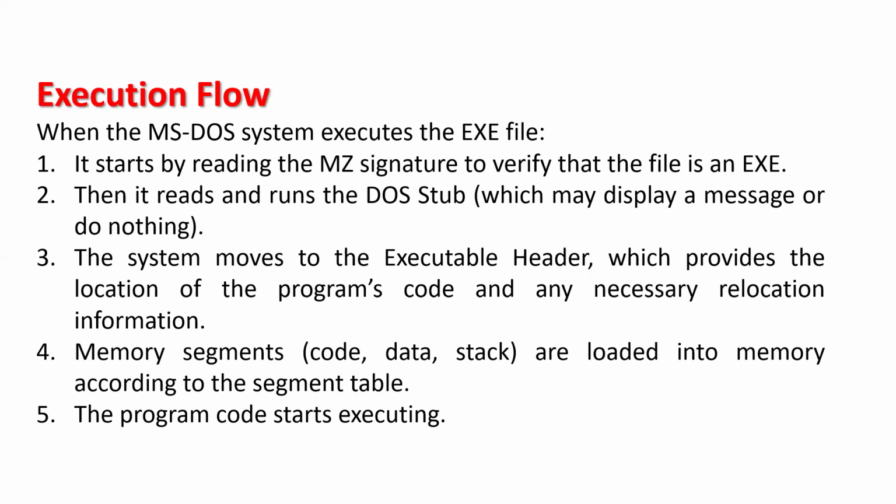The loader allocates memory for the program and loads it into an available memory space. The file might not be loaded at its original address due to the need for relocation, if at all required.